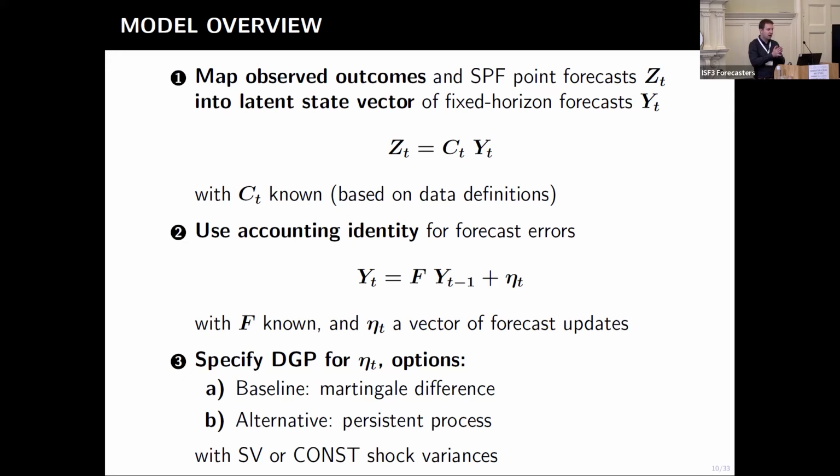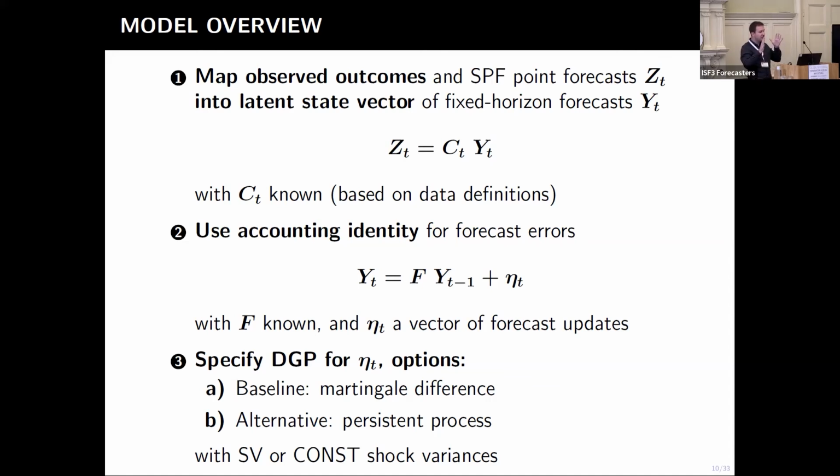Namely, what we do there is that we map the observed outcomes and point forecasts, which are contained in this Z_t vector, into this partially latent vector Y_t, which contains the fixed horizon forecasts. Now, what is important is that this C matrix, which does this mapping, is a deterministic matrix, which is given by the data definitions.